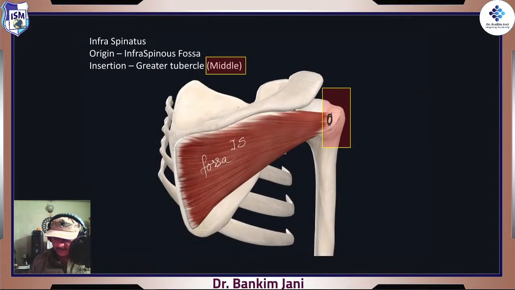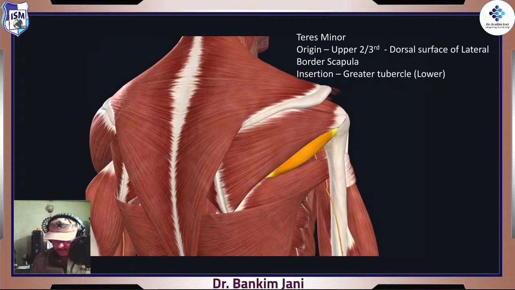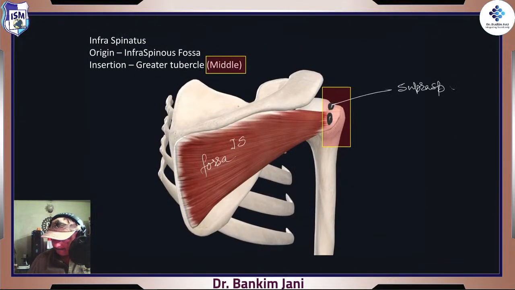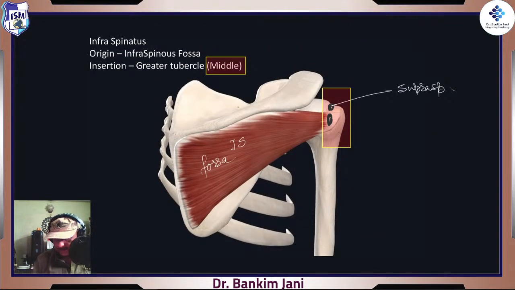Here is the middle one, this is the infraspinatus, and the superior part over here, that is supraspinatus. Correct? Got it? So these are the two important things which we need to know, supraspinatus and the infraspinatus.